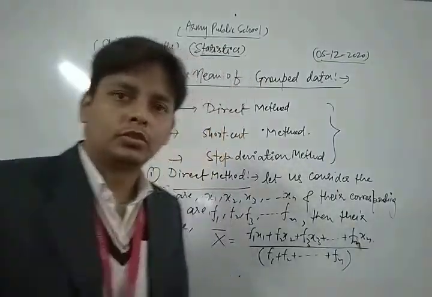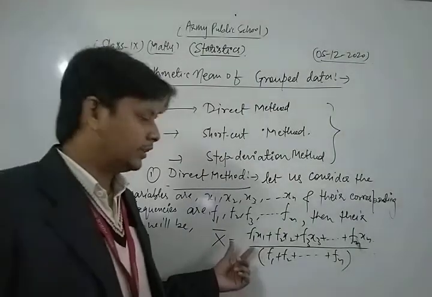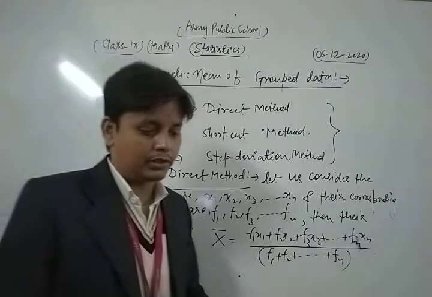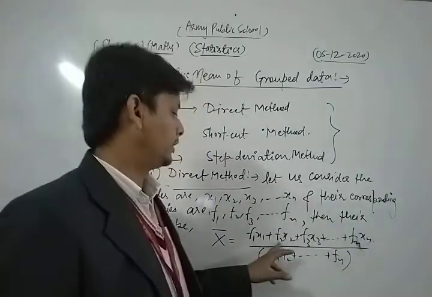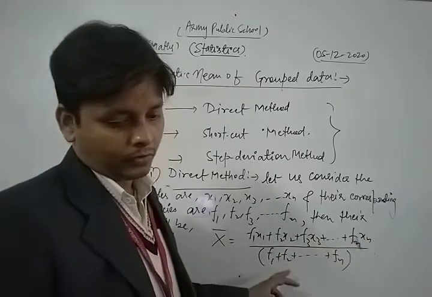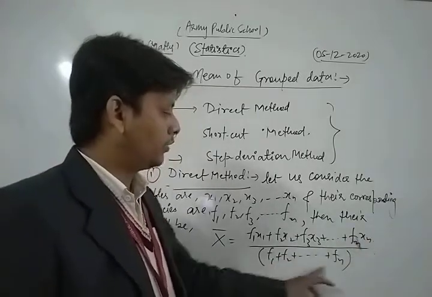Dear friends, in this way the formula for the mean of a discrete frequency distribution is f1 x1 plus f2 x2 plus f3 x3 plus and so on plus fn xn, upon the sum of frequencies.